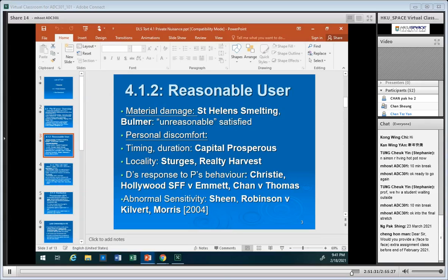And in Robinson and Kilvert, the plaintiff occupied the upper floor, the defendant occupied the lower floor. The defendant operated a business that required hot, dry air. It was in the photographic business. And as a result, the temperature of the floor of the plaintiff's premises was above 80 degrees Fahrenheit. The plaintiff stored heat-sensitive paper, and the heat-sensitive paper was damaged from the extra heat.